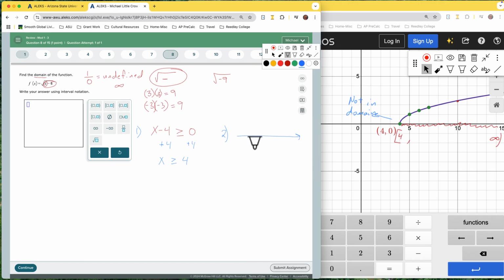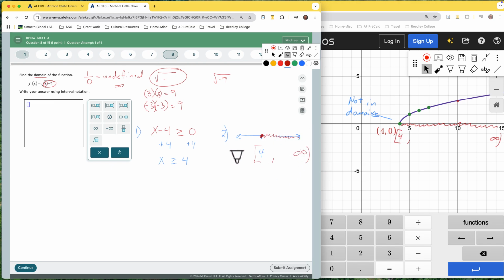Think of this as the x-axis. 4 is included, the same thing we've done on the Desmos graph. Here's 4. It's included, so it's a solid dot. x is greater than 4, which means it's to the right of 4. It's all these numbers here, and it never stops, so we're shooting for infinity. 4 is included, going to infinity.